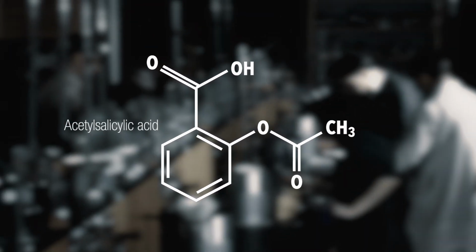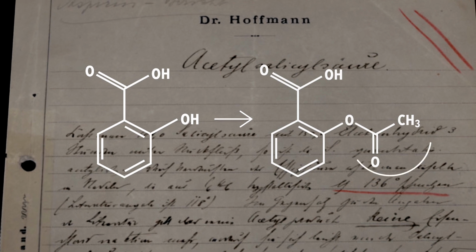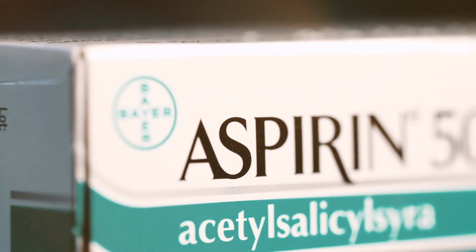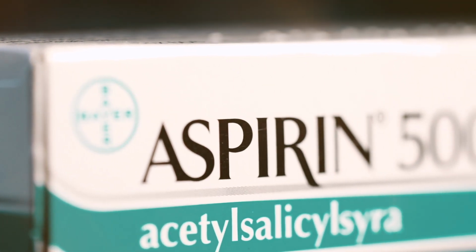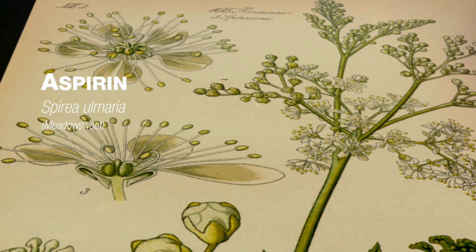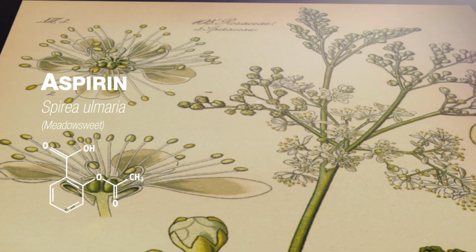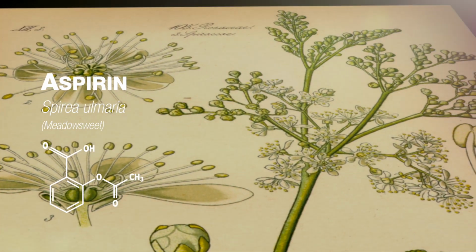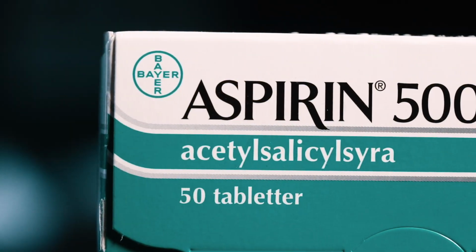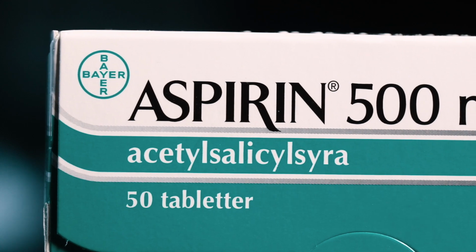By making this small modification, he improved the effectiveness of the medicine. The new medicinal drug was named aspirin, from the former scientific name of meadowsweet, Spirea ulmaria, and A from the acetyl group that solved the problem with the negative side effects. Today, aspirin is one of the most sold pharmaceuticals in the world.